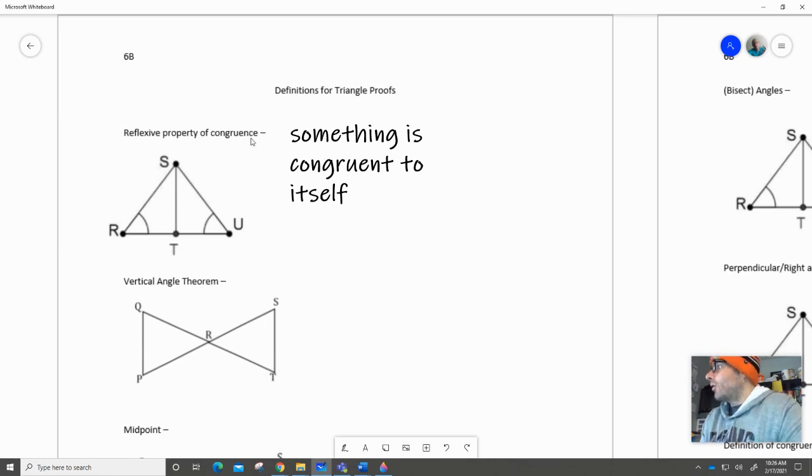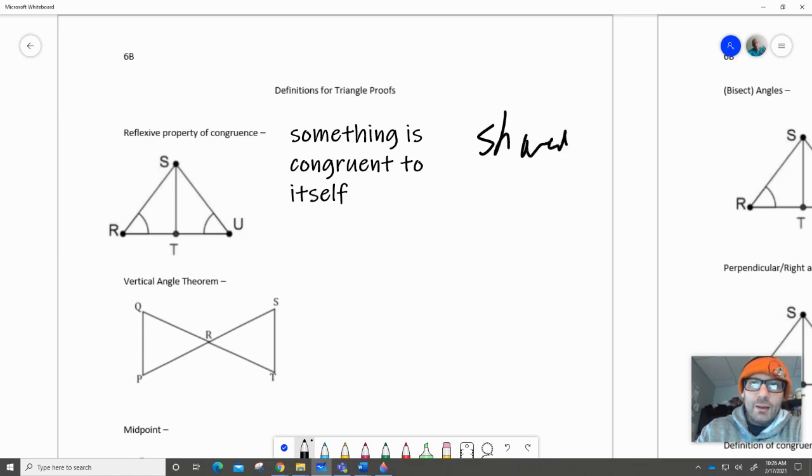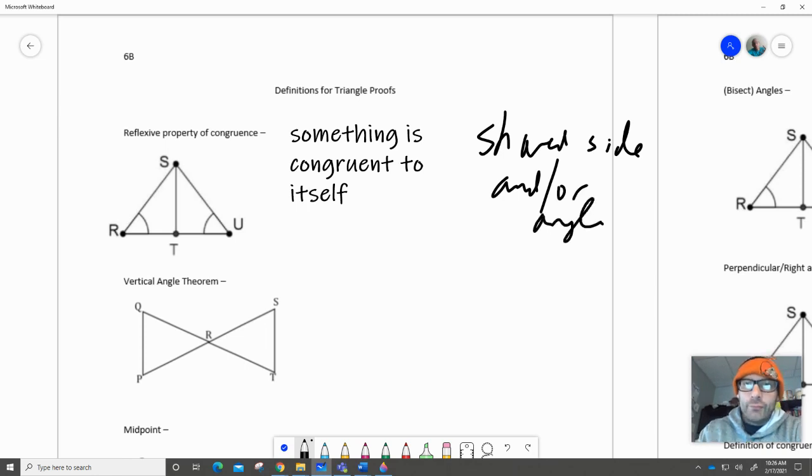In this context, with these two triangles right here, this would benefit us if they share a side or share an angle. If they have a shared side and/or angle, we can use the reflexive property of congruence.